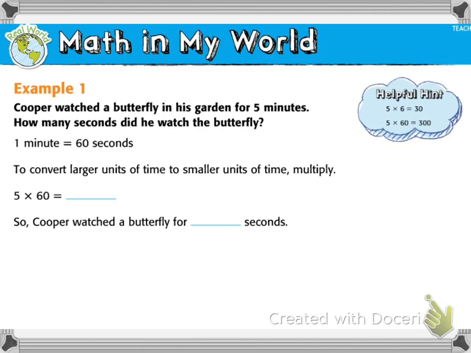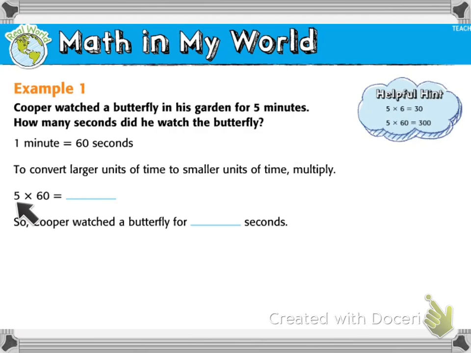Okay, for example 1. Cooper watched a butterfly in his garden for 5 minutes. How many seconds did he watch the butterfly? Well, right here it says that 1 minute equals 60 seconds. So we need to convert larger units of time to smaller units of time, so we are going to multiply. The minute is a larger unit of time than seconds.